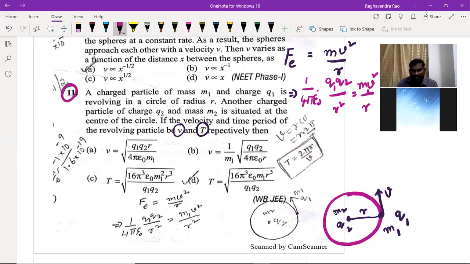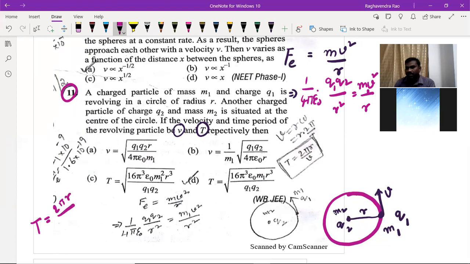And then the time period expression is there, the velocity expression is also there. Time period is nothing but the time taken by the charged particle to complete one circular path. The distance traveled in one circle is the circumference, that is 2 pi r.